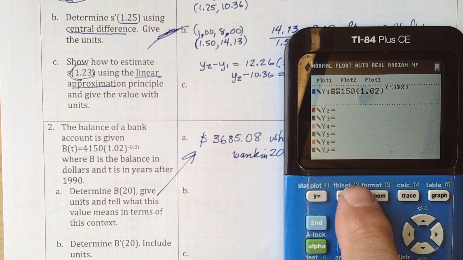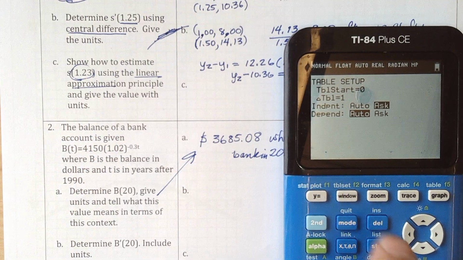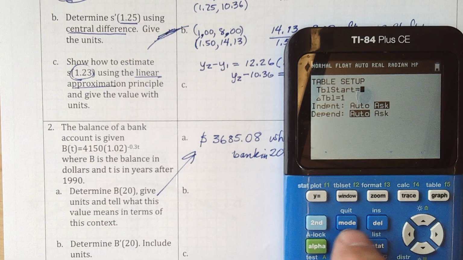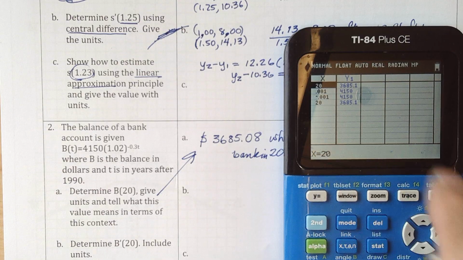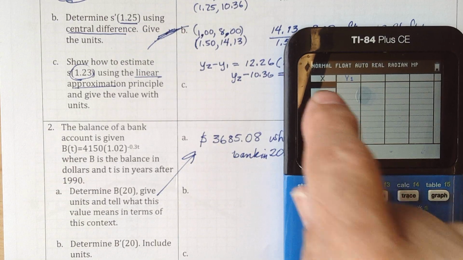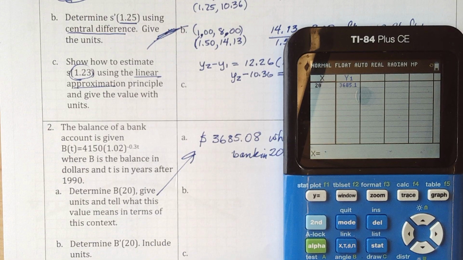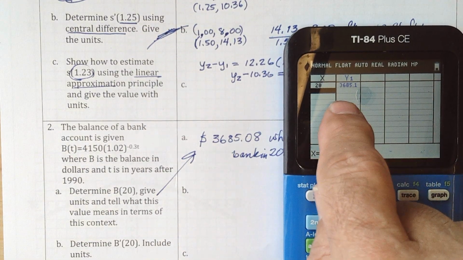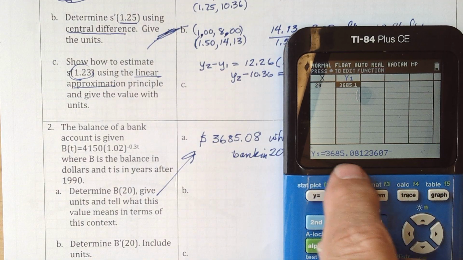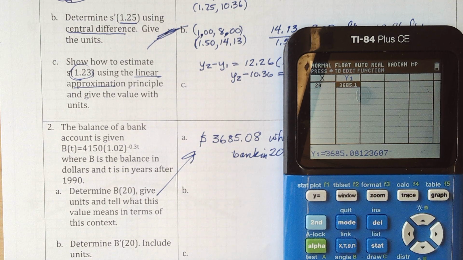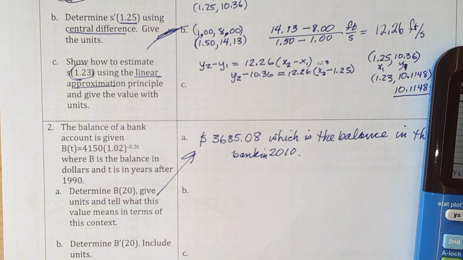If I go to table set and have this on ask, I can then go to table, and I'll delete all those, and I can say, what is it at 20? And it'll say that number. Now you don't see the decimal place very well, but if you move over and on it, it shows you the complete number down here. So there's 3 ways to get 20 put in for the t. That's all it was necessary there.